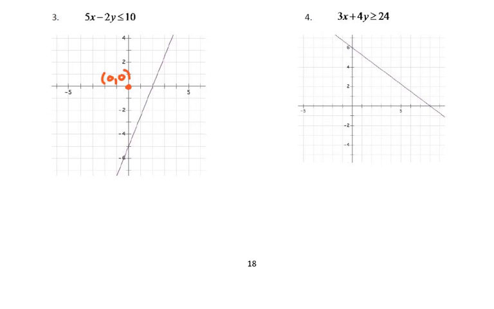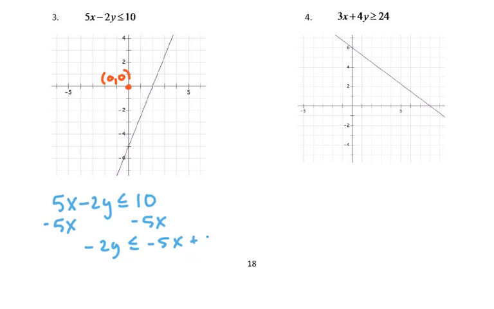So we can still do what we did yesterday, which is sit here and say, okay, 5x minus 2y less than or equal to 10, and try to get y by itself. So subtract 5x over, and we can't combine those on the right, so they stay separate, and then divide everything by negative 2. But then you have to remember, oh, that means I flipped the sign.